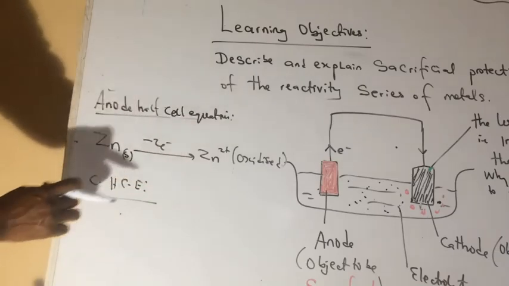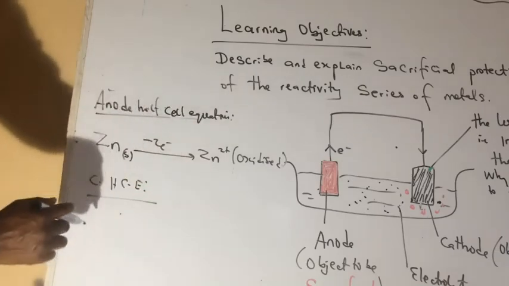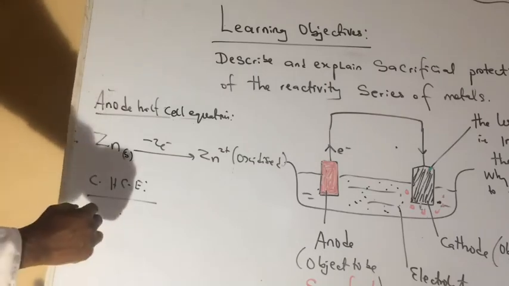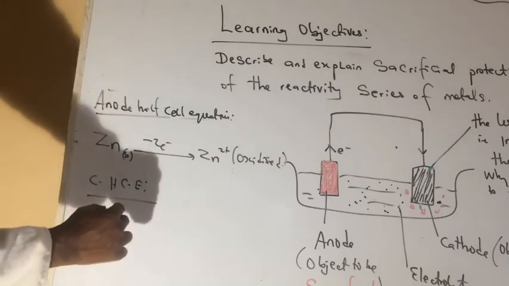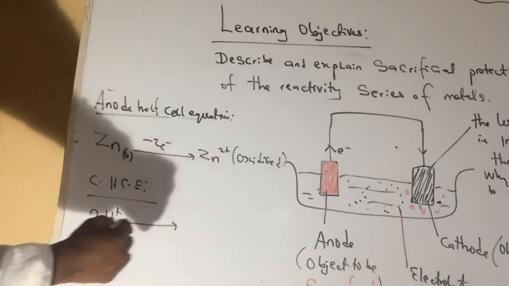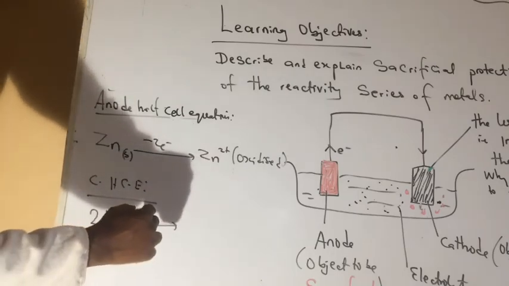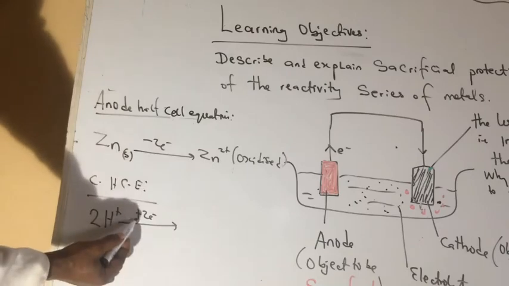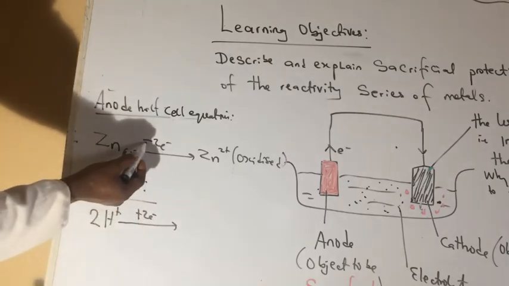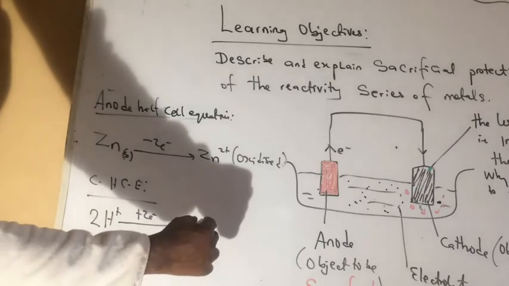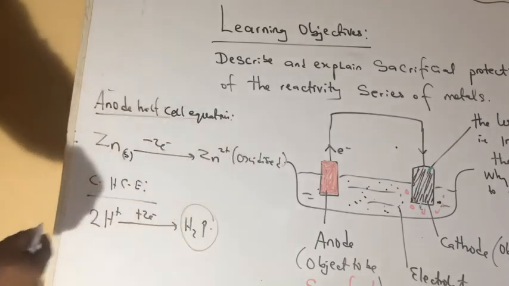Then at the cathode, let's look at the cathode half cell equation. As I said earlier, electron lost at the anode is received not by the iron but by the hydrogen ion. So these are the hydrogen ions in this salt water or in the moist soil. So it is received. Plus means receive, minus means electron lost, electron gain, and this becomes the hydrogen gas.